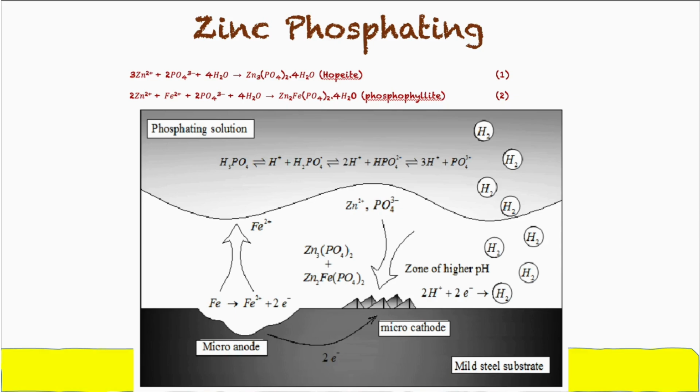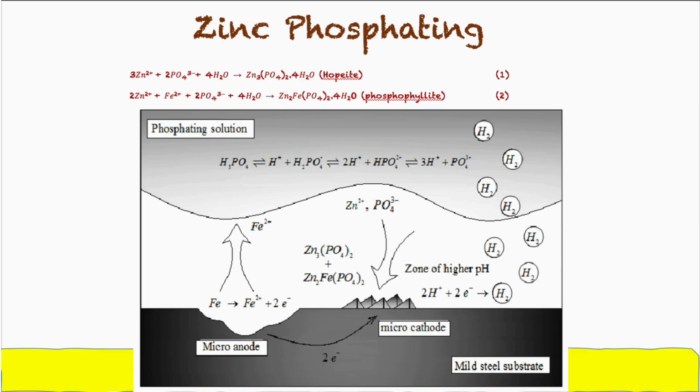So equation number 2 stands when the zinc concentration is low, and equation number 1 stands when the zinc concentration is high. The performance of the conversion coating is greatly affected by the uniformity and the degree of surface treatment, to what extent the surface has been treated.